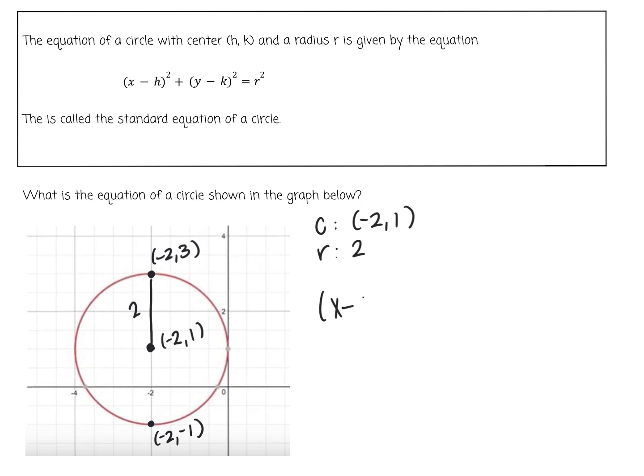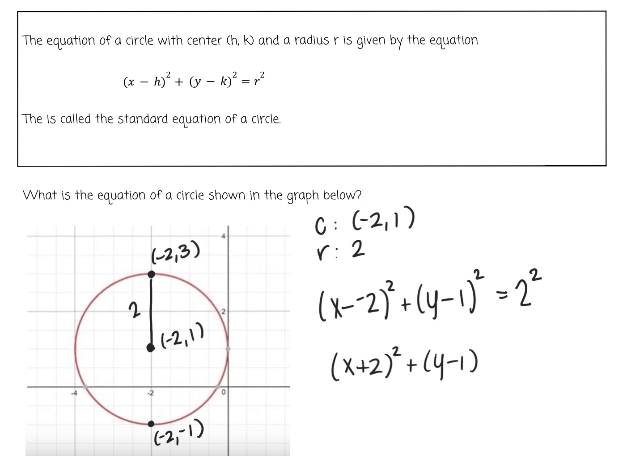So I'm going to have x minus -2 squared plus y minus 1 squared equals 2 squared. Now I don't like to leave it as minus a negative, so I'm going to have x plus 2 squared plus y minus 1 squared, and then I'm going to go ahead and square my radius, and I'm going to get 4. And that is the equation that represents this circle.